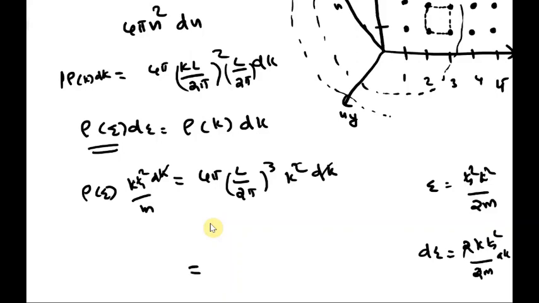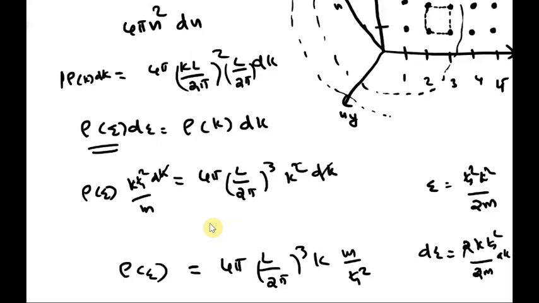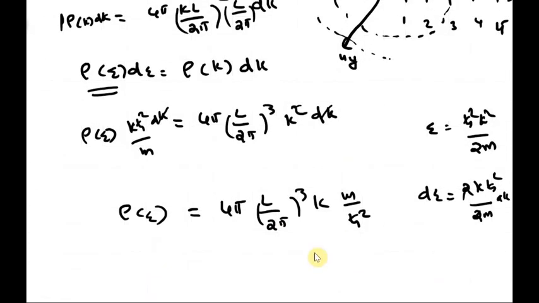So this is going to be 4 pi L by 2 pi whole cube, k, and of course m by h cross square, and this is your rho of E, the density of states with energy E.